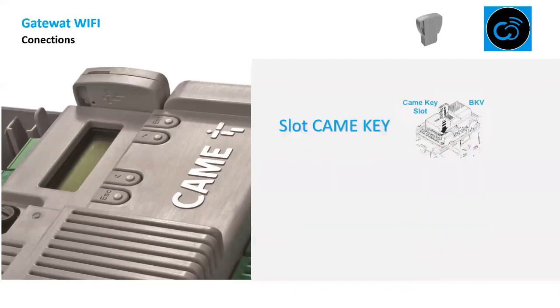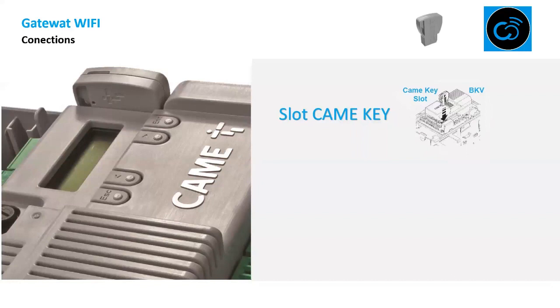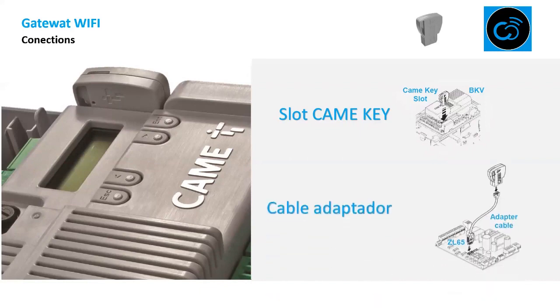You have a slot where you can physically fit this tool, the Kami key. In the case of our new operator, for example the CLXM and the CLXS, there is a dedicated input for this.